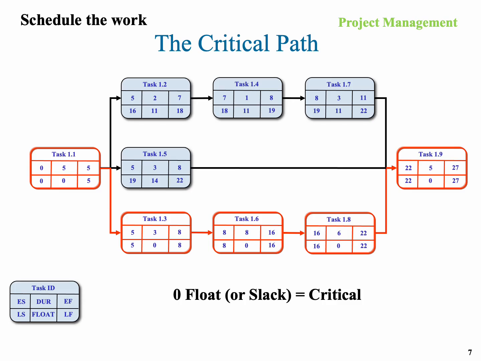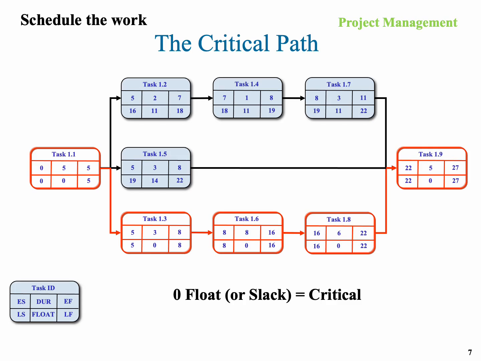Now, the whole idea of coming up with a critical path is to say, as you go through and start to do the work, you can see where you can allocate resources if you're getting a little bit behind or you have limited resources. So, for example, in this diagram, when we look at task 1.2, 1.5, and 1.3, once 1.1 is completed, we have options now.